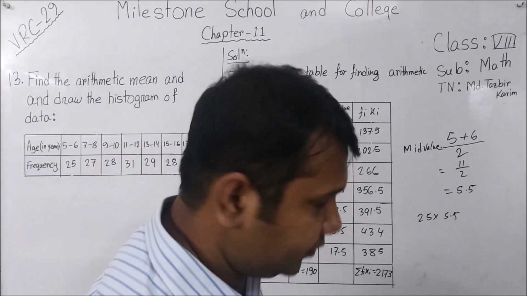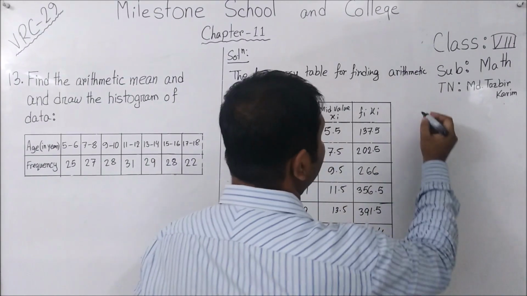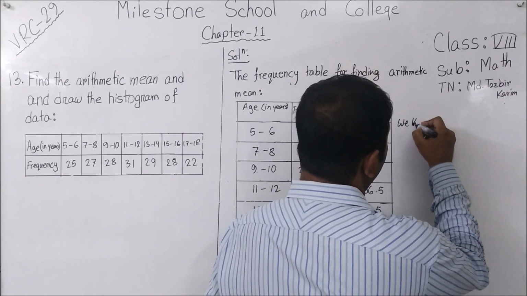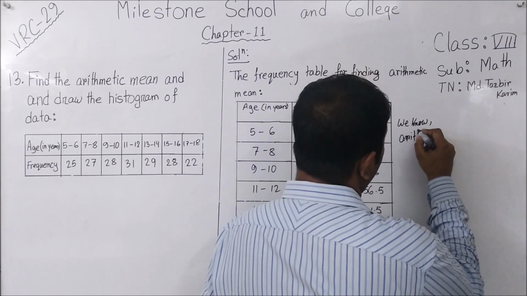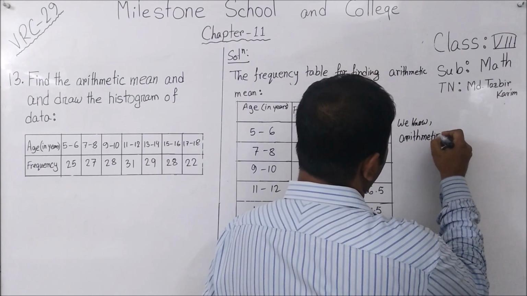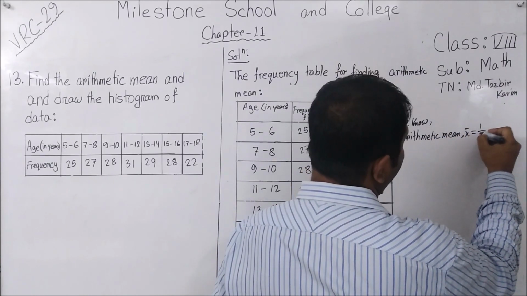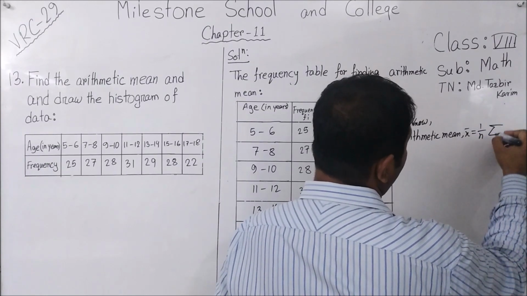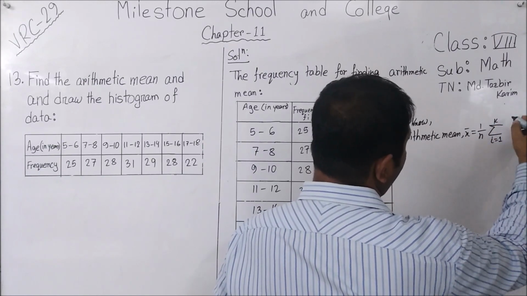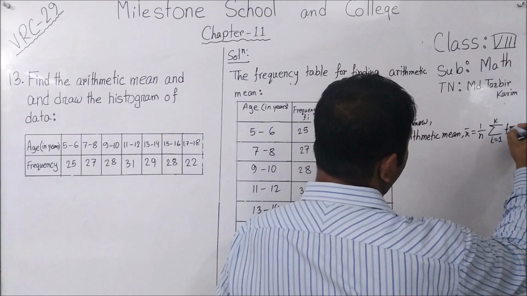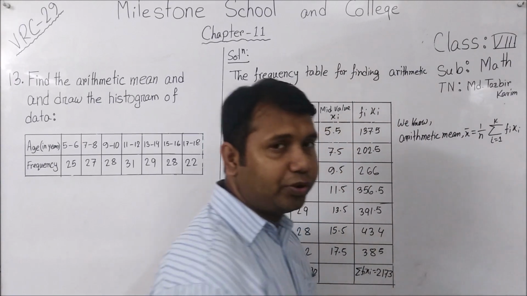Now, we are going to find out the arithmetic mean. We know arithmetic mean x bar equal to 1 by n summation of i equal to 1 to k fi xi. This i is actually the definition of this index, what we are just going to use here.